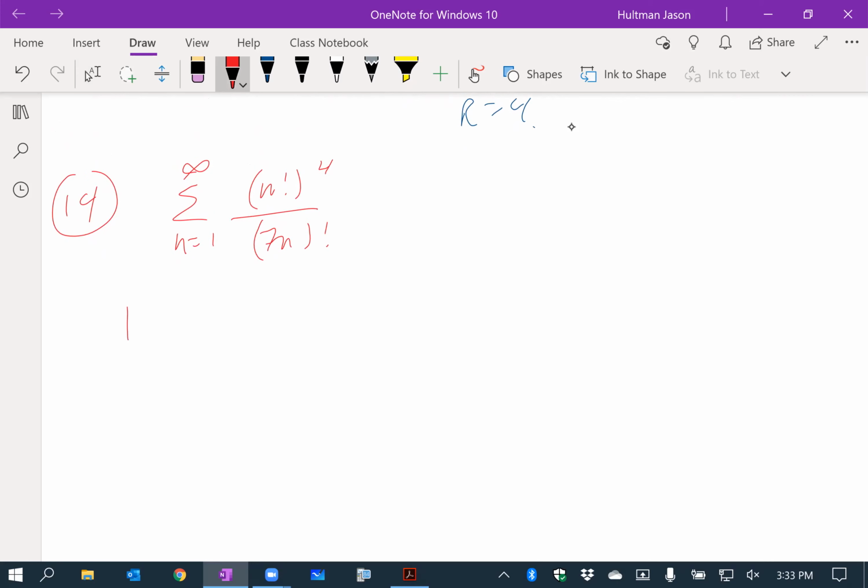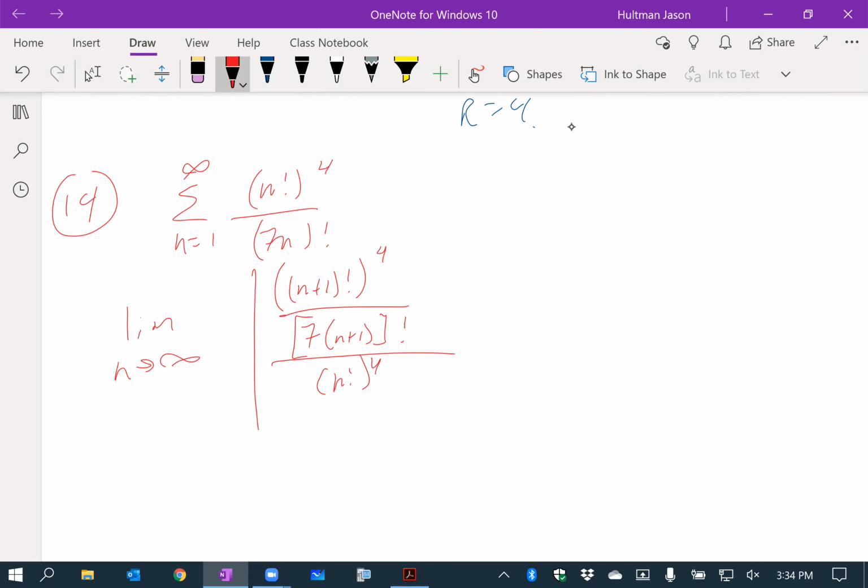So we want the limit as n goes to infinity of n plus 1 factorial to the fourth power over 7 times n plus 1 factorial, all over n factorial to the fourth power over 7n factorial.